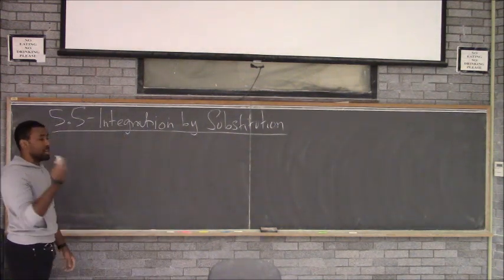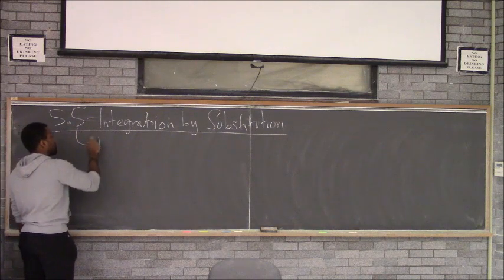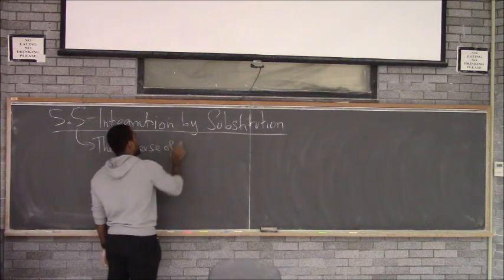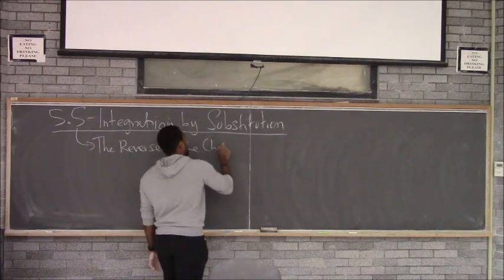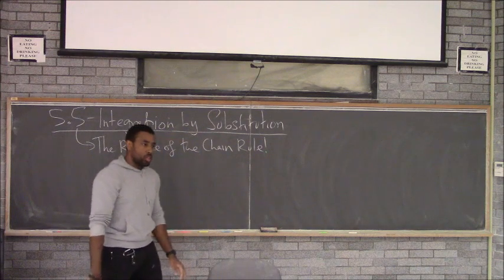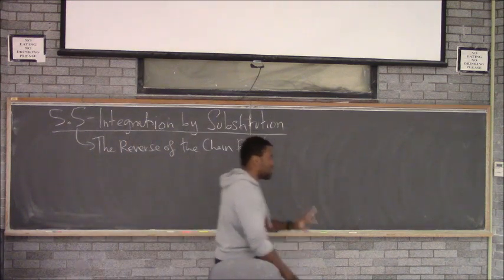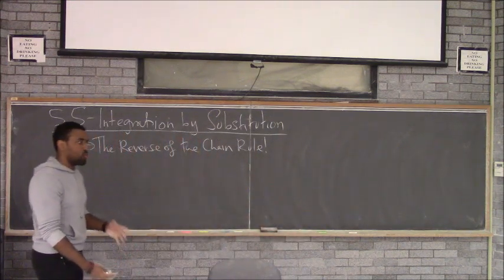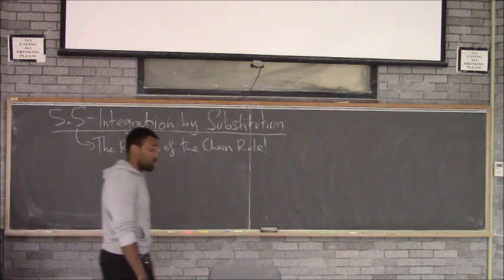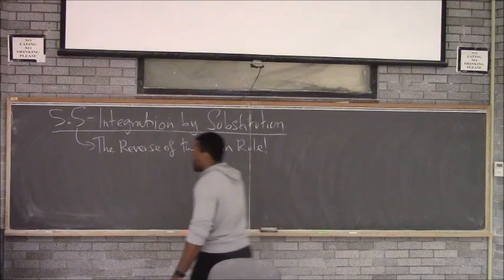What is integration by substitution? It is the reverse of the chain rule. Just like how we can reverse individual formulas, we can reverse entire methods, and integration by substitution is how we reverse the chain rule.